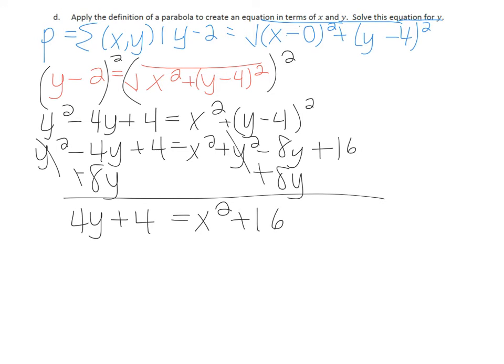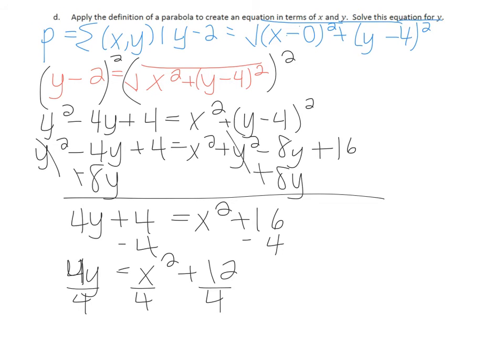Remember that I do want to solve for y here, so subtract 4, and I get 4y equals x squared plus 12. Just dividing out by 4, I get that y is going to equal 1/4 x squared plus 3.